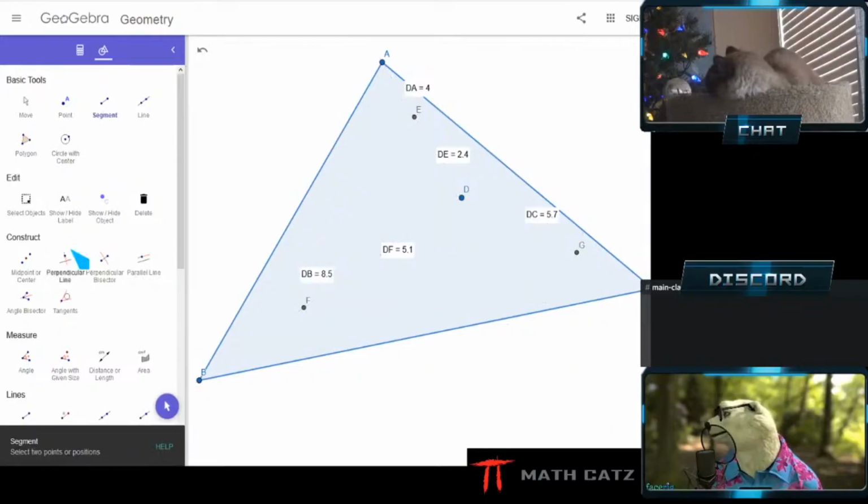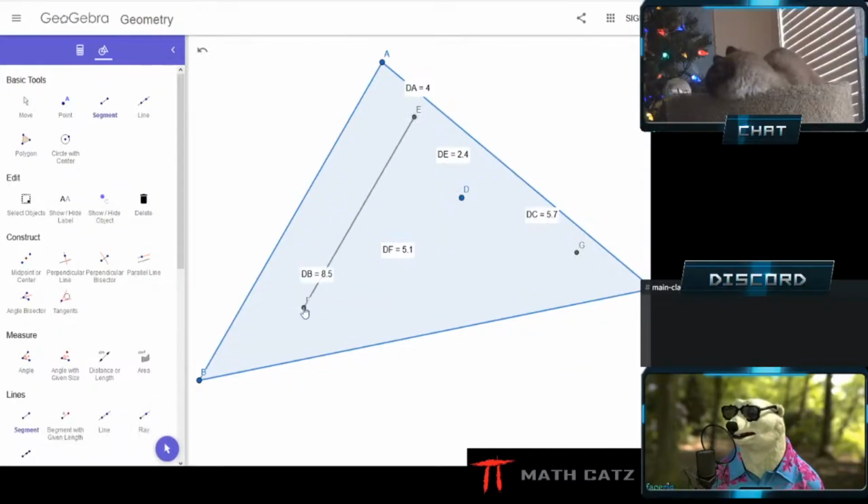All I have to do, and I will show them eventually, is make line segments to form my transformed triangle, like so. I could have actually used the polygon tool. We'll just make it a little bit more colorful and shade it in and all kinds of stuff.